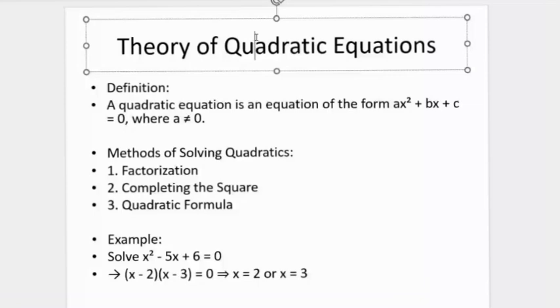So when it comes to solving quadratic equations, we have 3 methods. There's the method of factorization, there's the method of completing the square, and there is the quadratic formula, aka the almighty formula. Some of you may have already heard of that nickname before. I would say the easiest method is the factorization method.